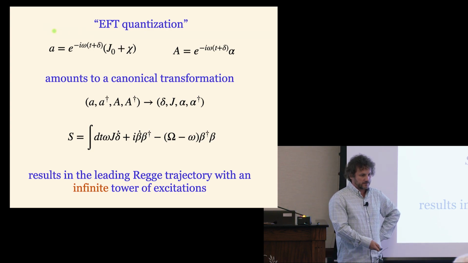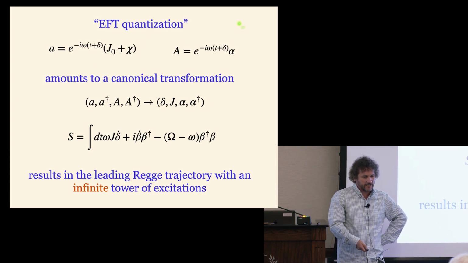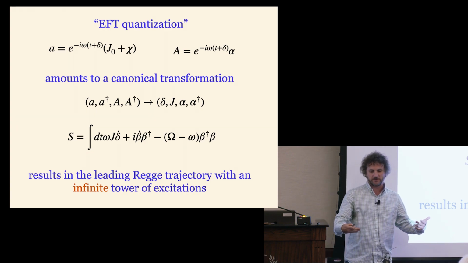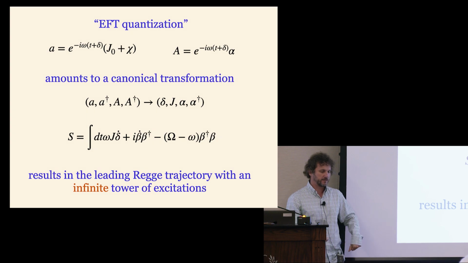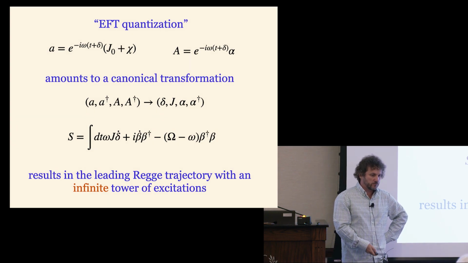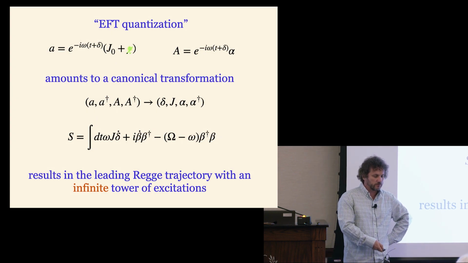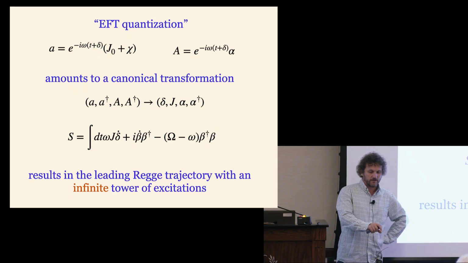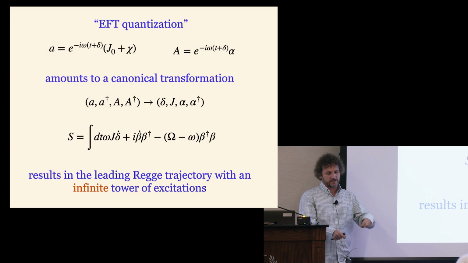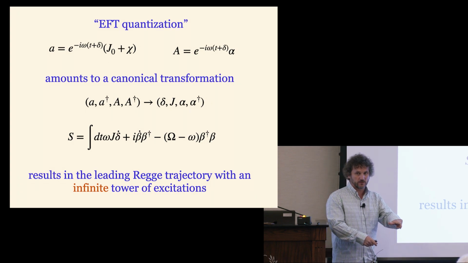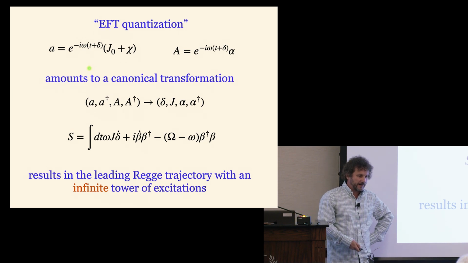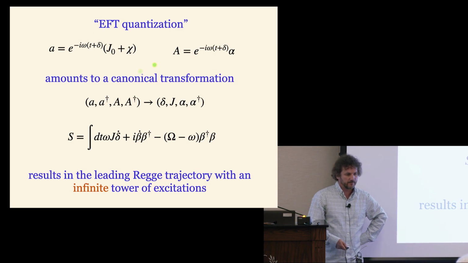This parameterization of excitations is the natural set of parameters when you do this effective field theory calculation around a rotating background. These are natural modes. So delta is a Goldstone mode associated with the unbroken linear combination of time translations and rotations, which is preserved by the rotating string. And so these are the natural variables in which one works in this effective field theory calculation.